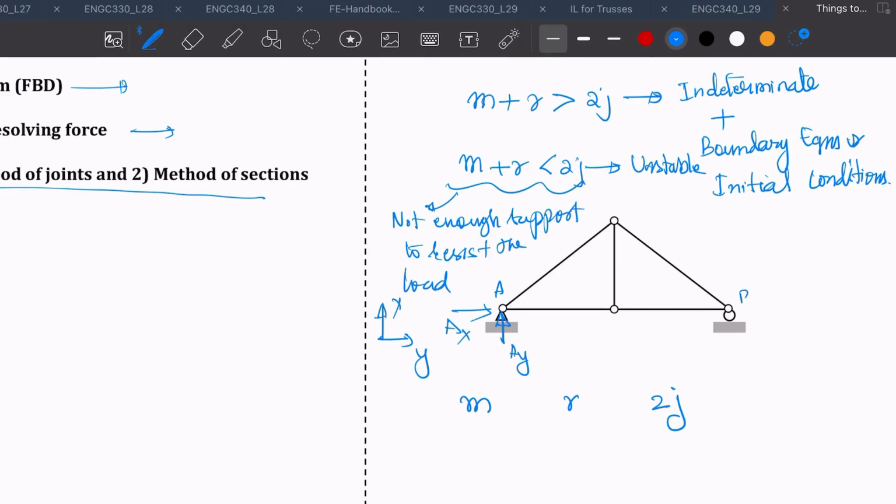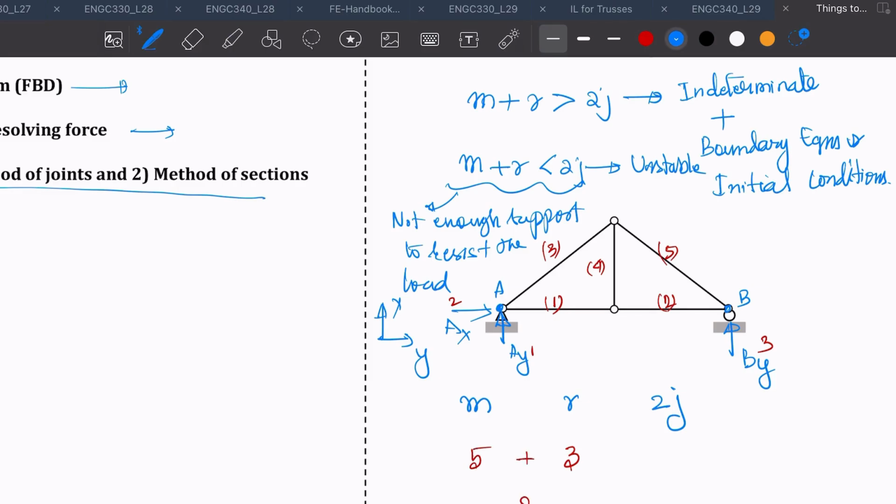And then let's say that this is B, so we know that this is a roller support, it has only one unknown support reaction. This is a pin, it has two reactions, and the roller has only one. So let's calculate it. So this is 1, this is 2, this is 3. So we have 3 r, and then this is m: 1, 2, 3, 4, 5. So we have 5 members. So if you add them together, you get 8.